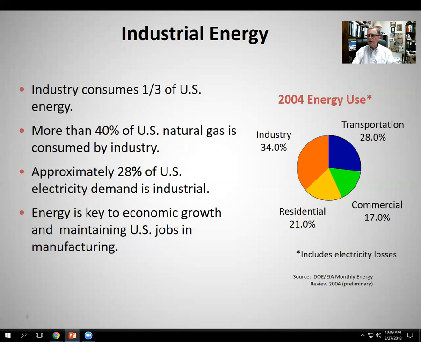You can see the pie chart. That's kind of old data, but in 2004, we can see industry accounted for 34% of total U.S. energy use, 28% transportation, residential 21%, and commercial 17%.